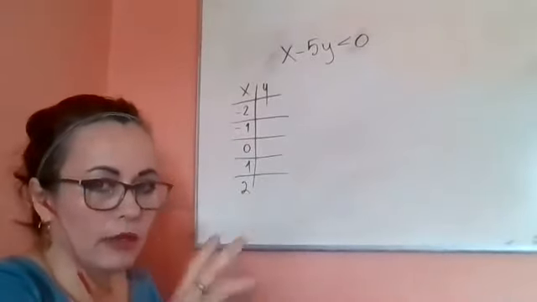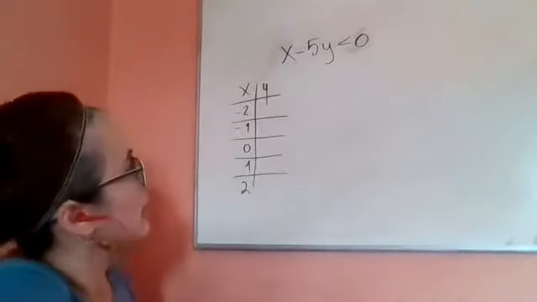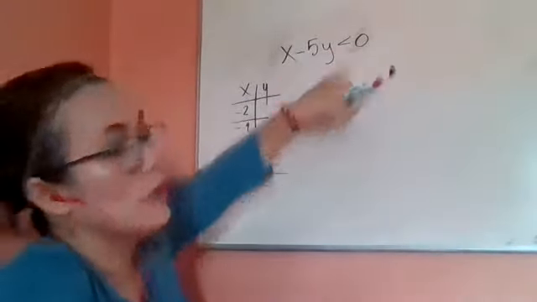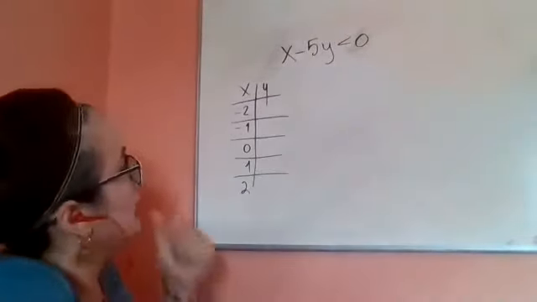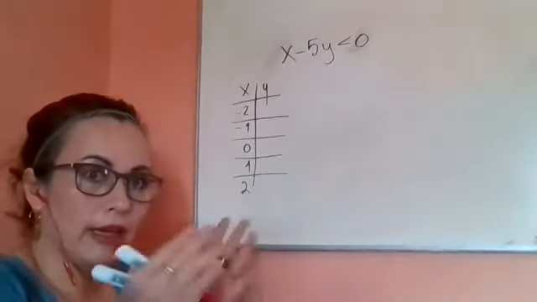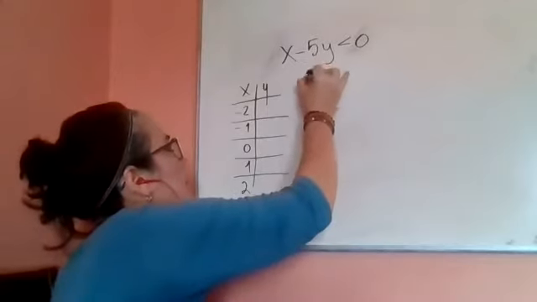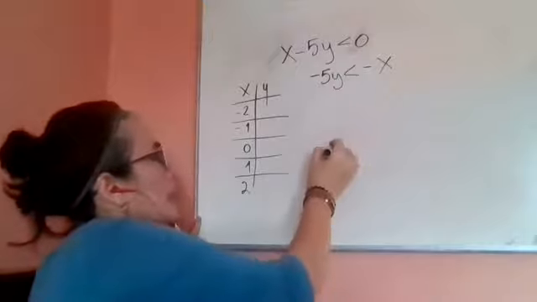Let's go with a second exercise. This one is x minus 5y is less than 0. As you can see, you don't have the equal sign over there, so it's not included. But we're going to check that later. Again, I'm going to rearrange everything so I can get the value of y. I'm going to do minus 5y less than minus x.